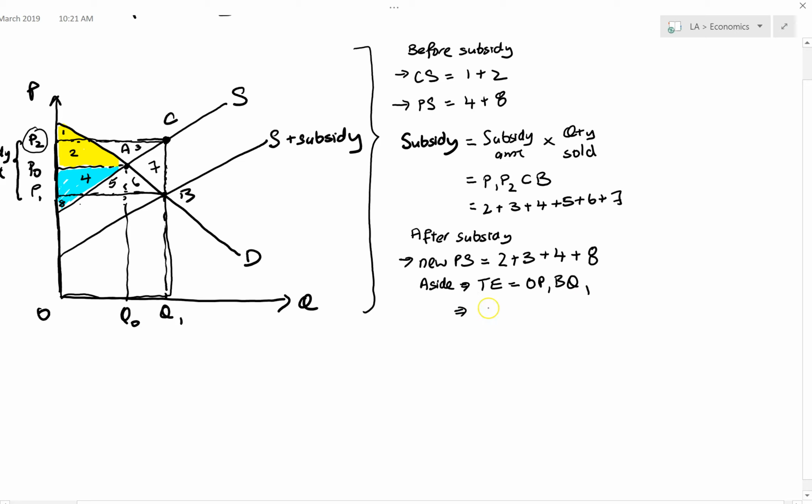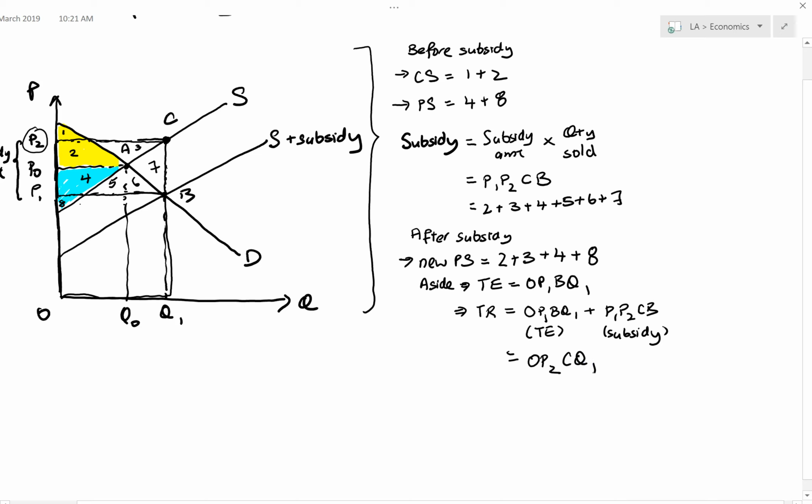But the total revenue earned by the producer is OP1BQ1, which is the consumer's expenditure, plus the subsidy amount P1P2CB. So the total revenue earned by the producer is OP2CQ1.